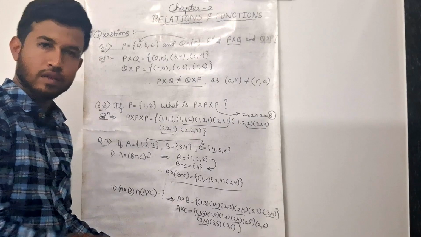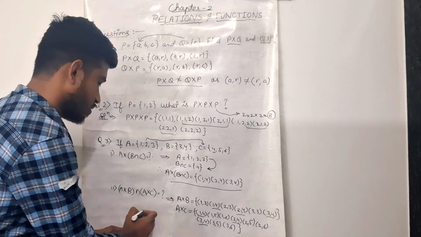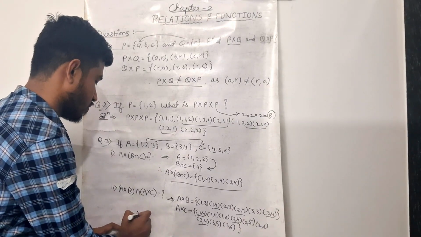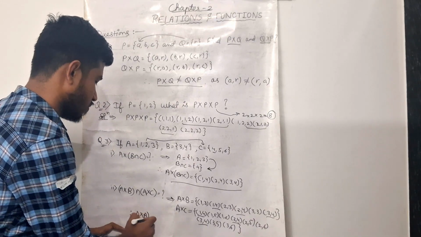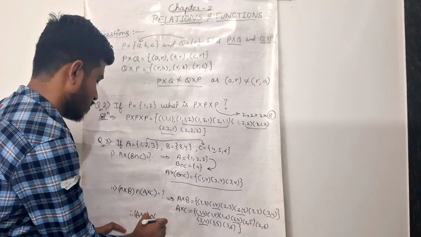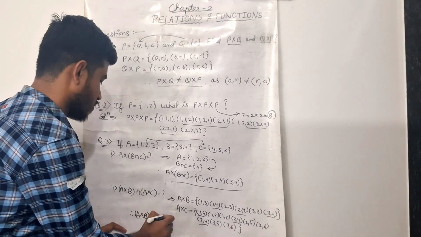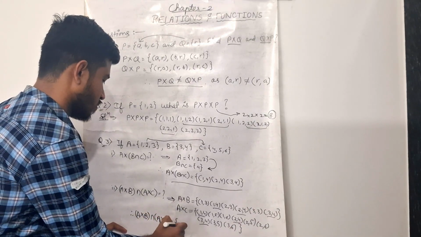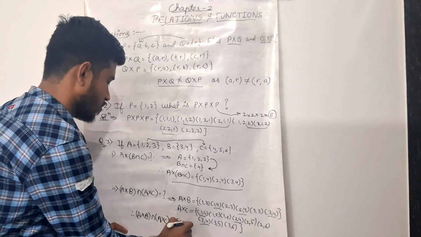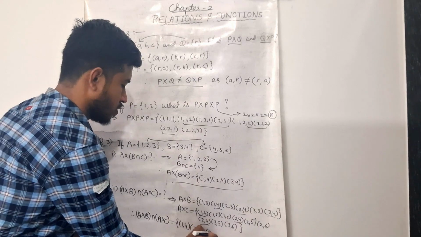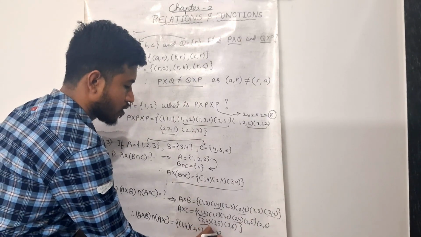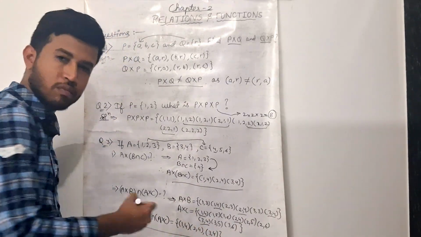So these are the common ordered pairs. This will be our solution.